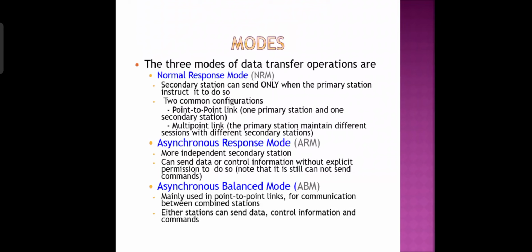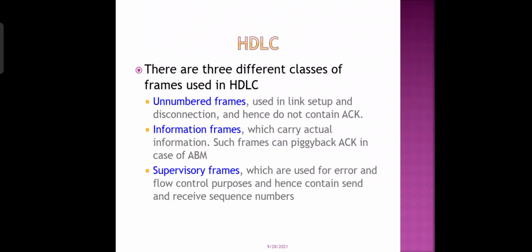In asynchronous response mode, more independent secondary stations are available. It can send data or control information without explicit permission to do so. Asynchronous balanced mode is mainly used in point-to-point links for communication between combined stations. Either station can send data, control information and commands.